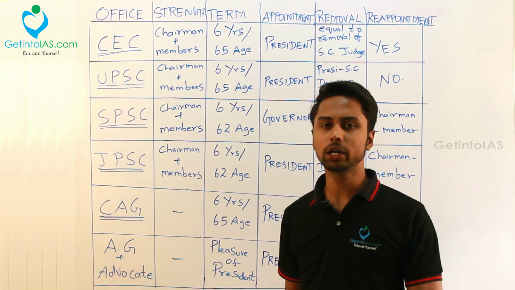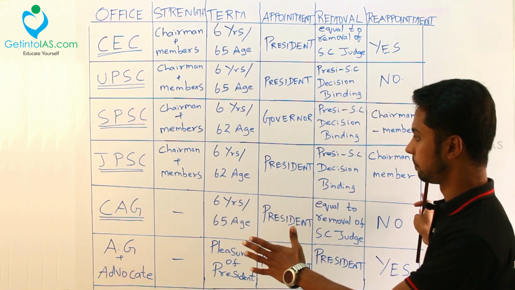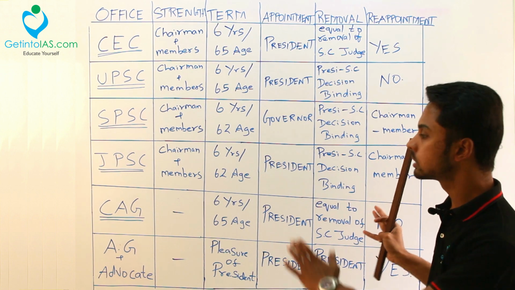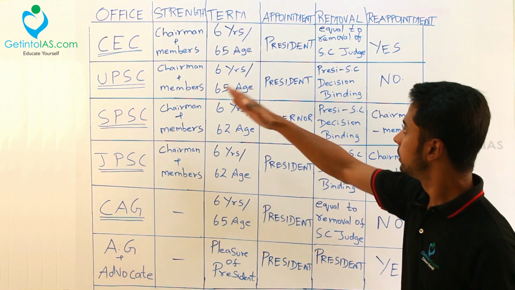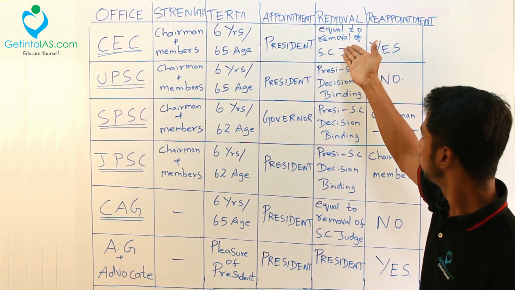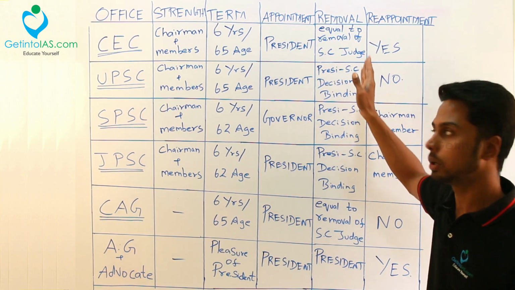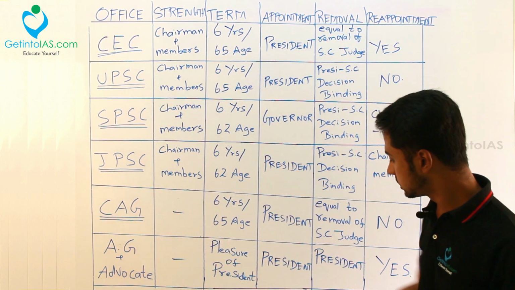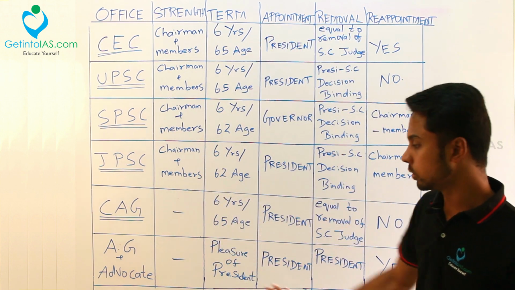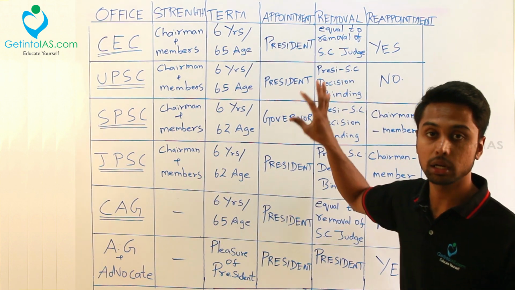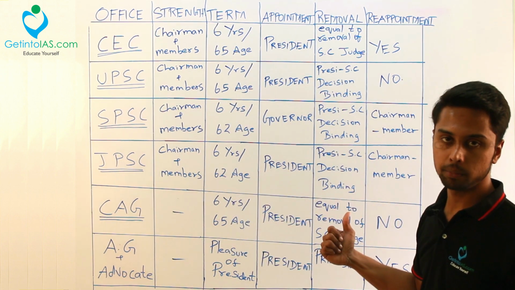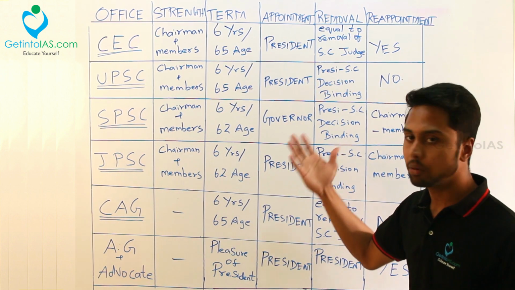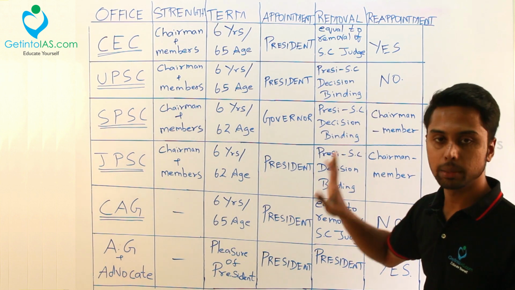One point to be noted here is this tabular column. This is very important because it is going to help you in your state government exam. Who is appointing, who is removing, whether he can be reappointed to the office, what is the tenure, like that. Based on this tabular column, UPSC or your state government exam can confuse you very easily. So take a snap of this tabular column. Study this tabular column when you are studying polity.